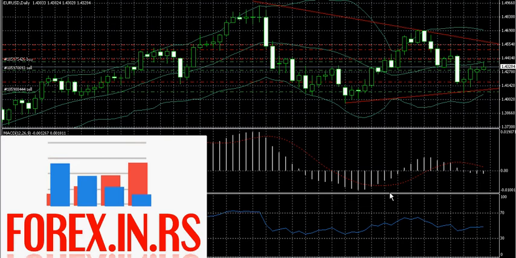First, we will look at euro dollar. Euro dollar currently is at the price 1.433, and we can look at two things.